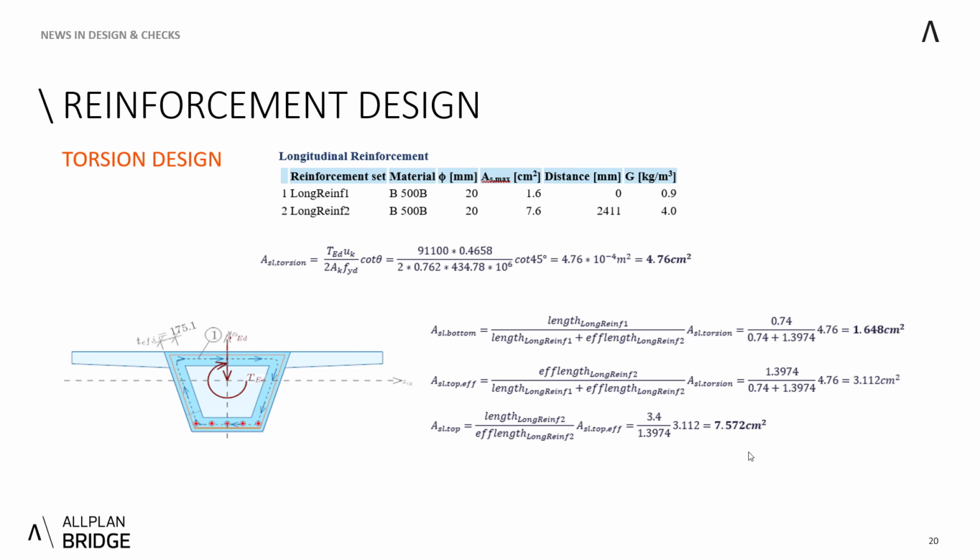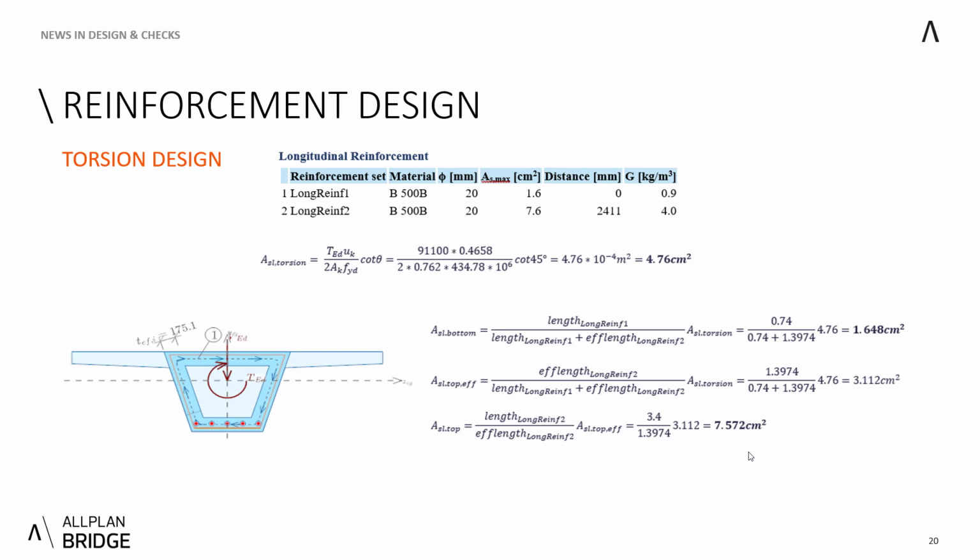But what Allplan Bridge always does is that it considers all the reinforcement sets or all the boundary distributed equally. Therefore, we extrapolate this value that is inside this effective area to the whole length of the top reinforcement set. So we do the ratio of 3.4 meters to this 1.4 meters multiplied by this ASL top effective, and we get the result of 7.57 centimeters squared.